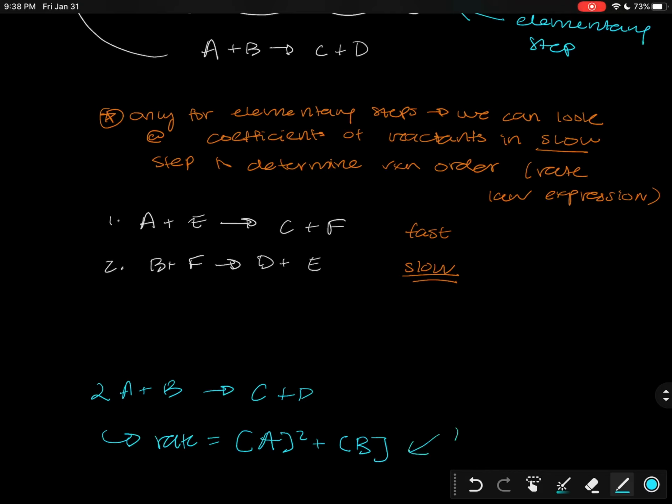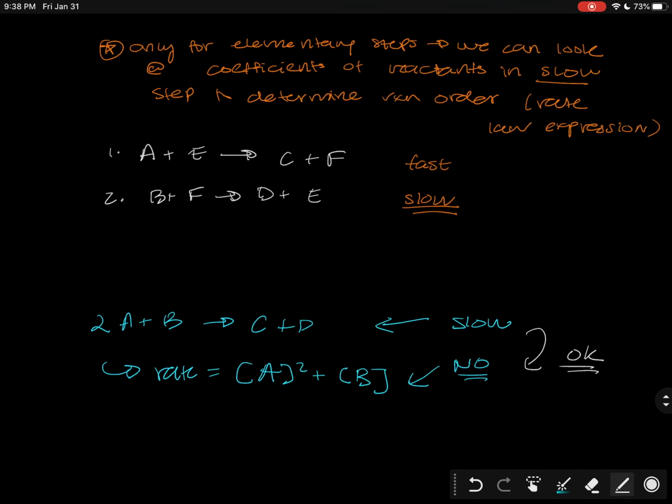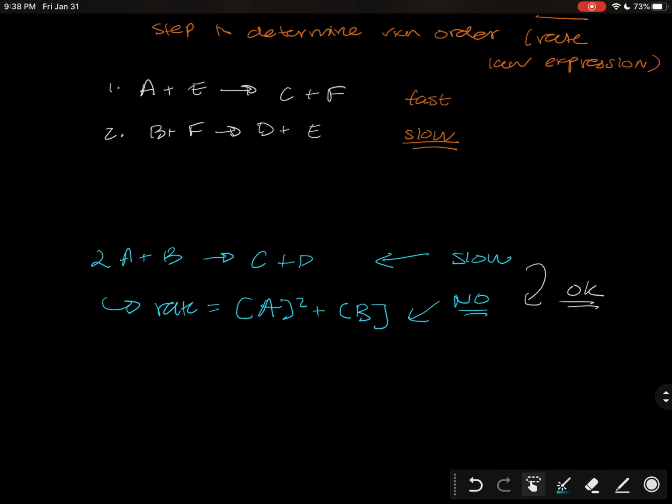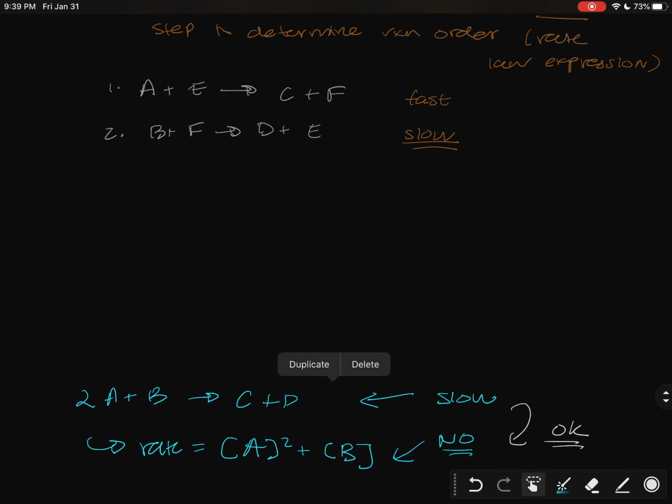That's a no. But if this was an elementary step, and say we knew this was the slow step, then this would be okay.